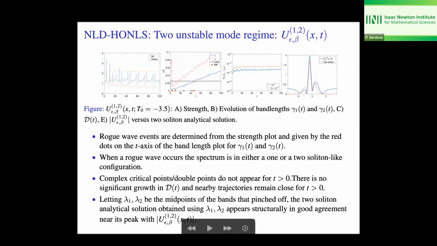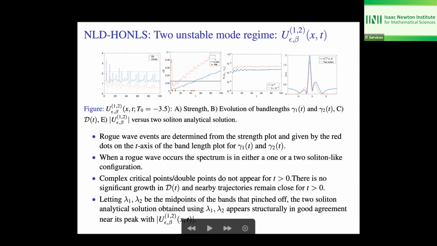And as I said before, complex critical points and double points don't appear for t greater than 0. And so you see here in this plot that there's no significant growth in the difference of u delta and u naught. And so the nearby trajectories remain close for t greater than 0.